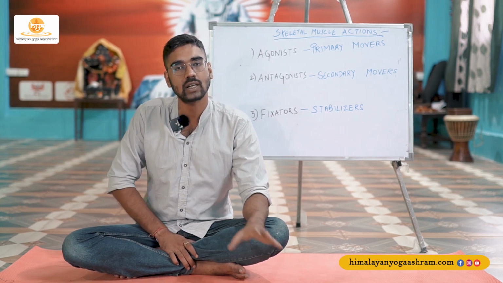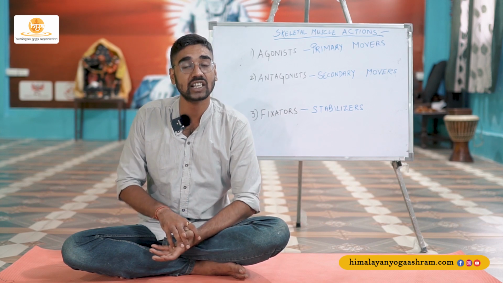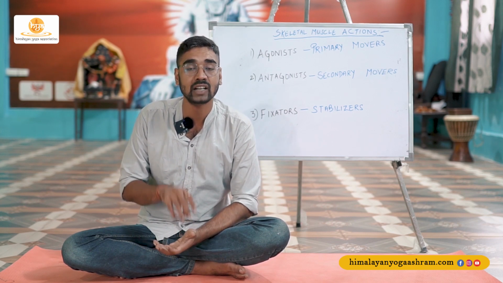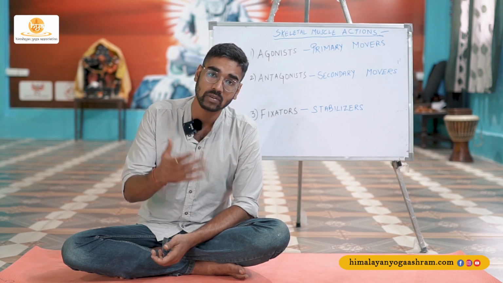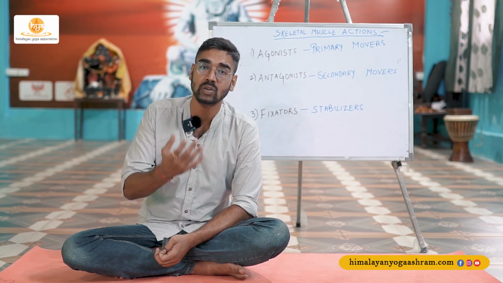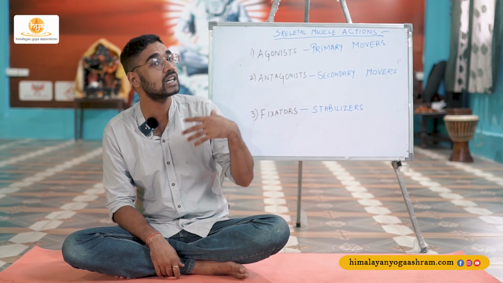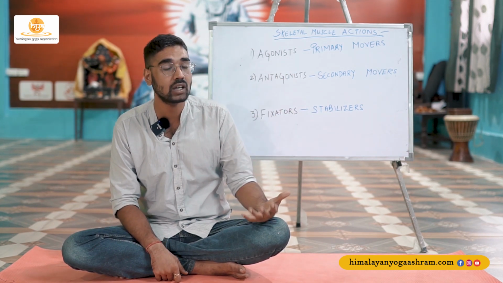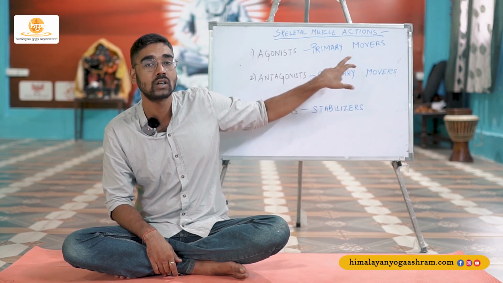Basically, these three are the names given to them depending on the action that they are performing at that specific moment. These names are also synonyms to the actions that they are performing. For example, any muscle which is making a certain movement happen is called an agonist or a primary mover.